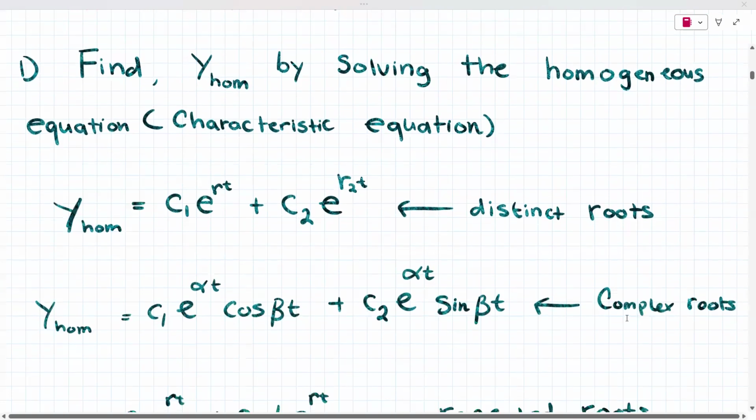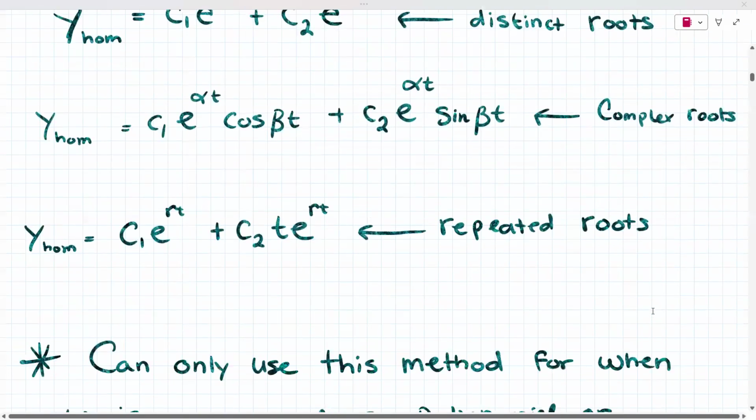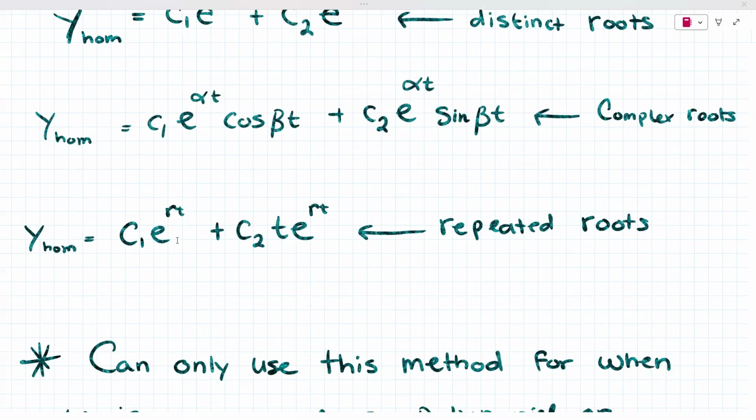If you have complex roots, your y homogeneous is c1 e to the alpha t times cosine bt plus c2 e to the alpha t times sine of bt. So this is all review, right? If you have a repeated root, your y homogeneous is c1 e to the rt plus c2 times t e to the rt.